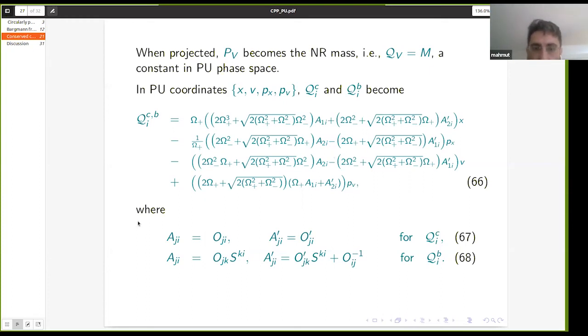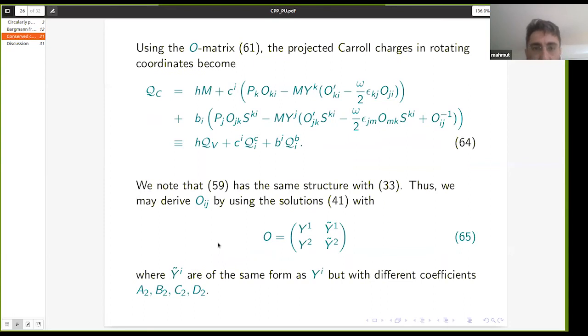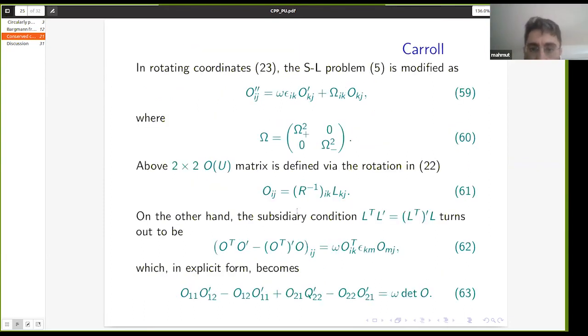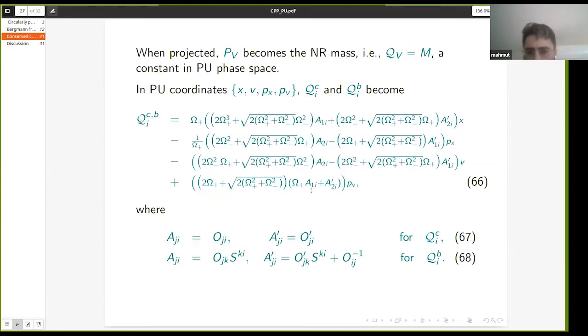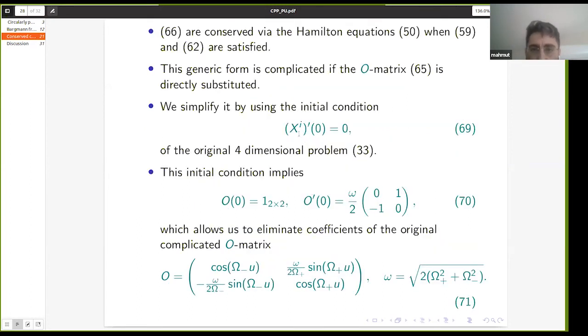So this O matrix is just the multiplication of the L matrix with the SO(2) matrix. No problem. We can just use an initial condition of the original four-dimensional problem, and then our O matrix should satisfy these conditions, and now we end up with a very simple O matrix, which is our almost Sturm-Liouville matrix.